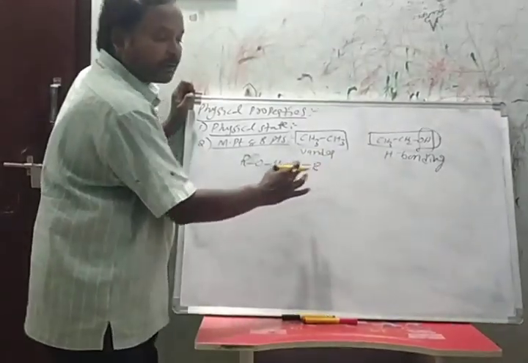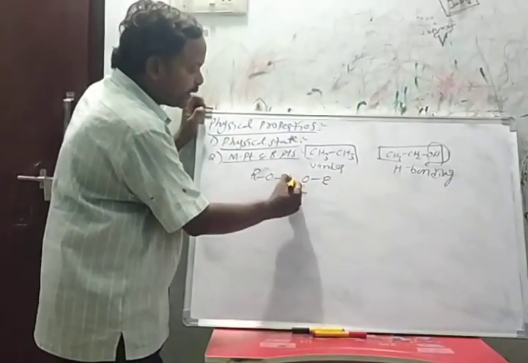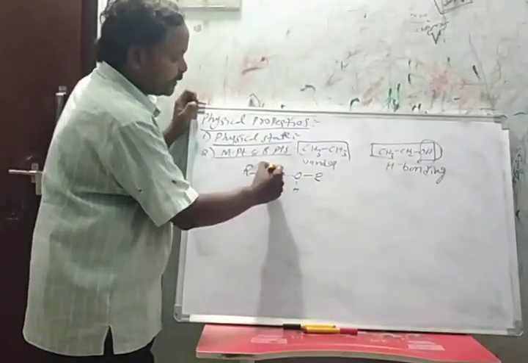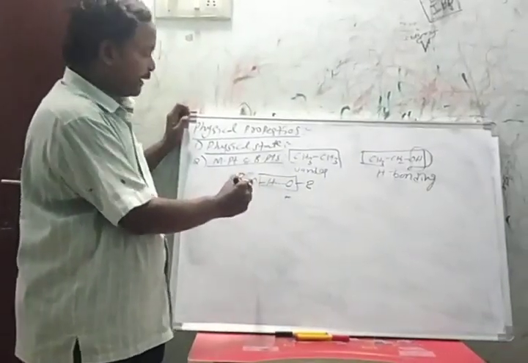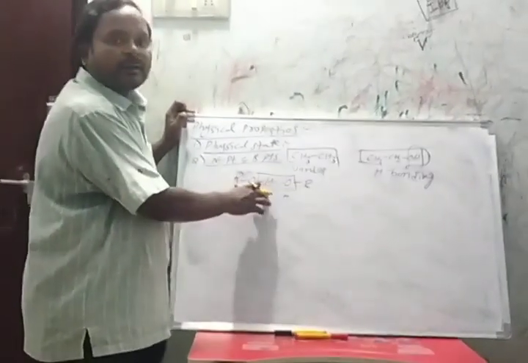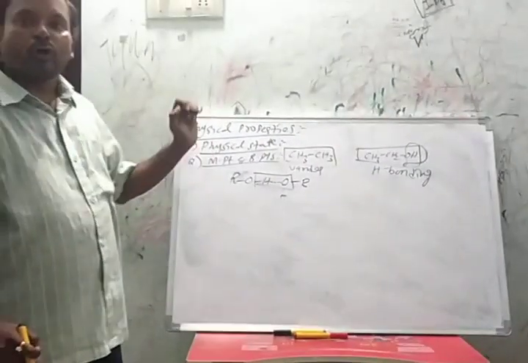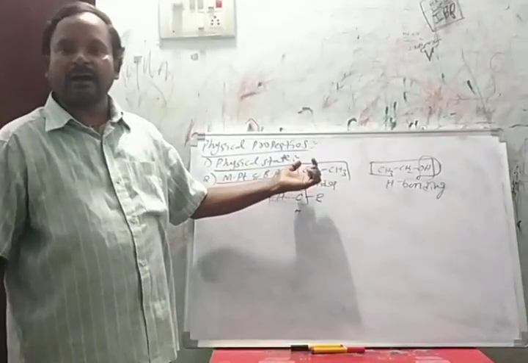This is one alcohol molecule, this is one more alcohol molecule, and both are involved in hydrogen bonding. Due to this intermolecular hydrogen bonding, alcohols have higher boiling points and melting points than the corresponding alkanes.